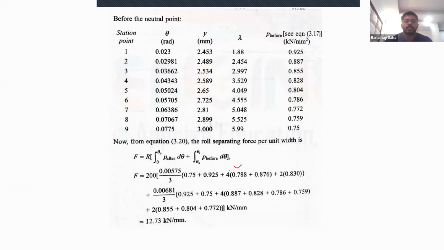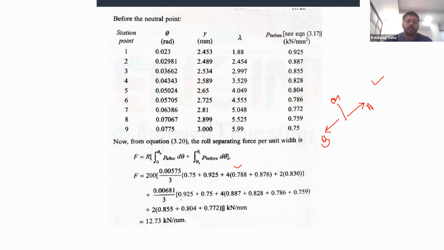Using this integration from 0 to theta n, P R d theta, and theta n to theta I, P before d theta. As I showed you, if this is theta n, this becomes your before and this becomes your after.